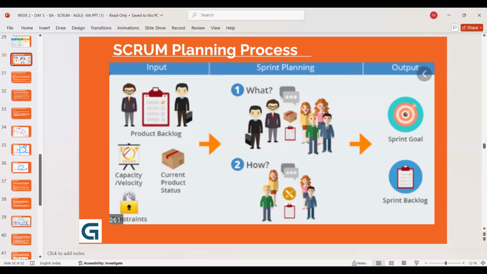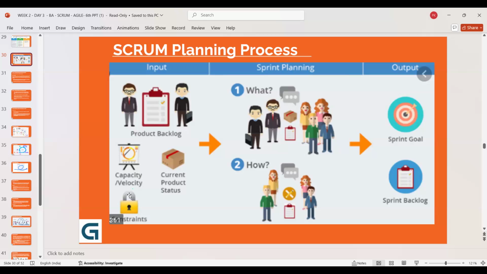That means, are there any problems, any issues, any known constraints, any technical issues? Whatever is there, let us table that and discuss it. So these are the inputs of the Scrum planning process. That means we should all be taking inputs from this, understanding from this.